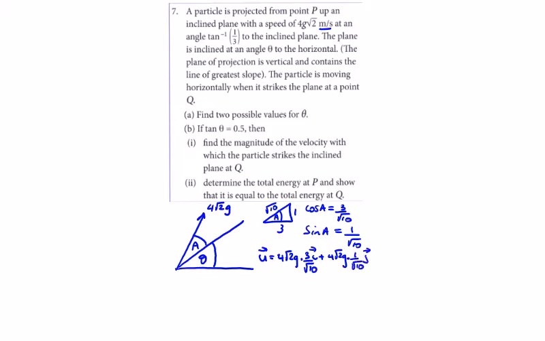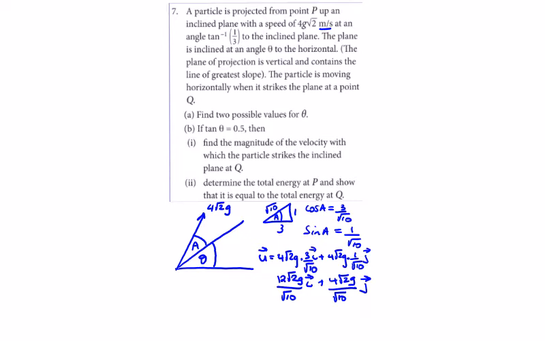This tidies up to be 12 root 2g over root 10 in the i direction, plus 4 root 2g over root 10 in the j direction. They can tidy up a bit, but I'll leave them like that for now.